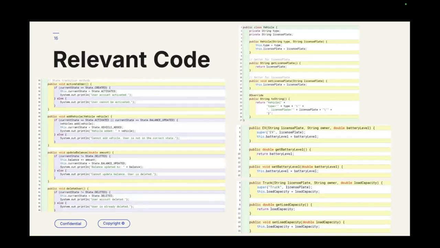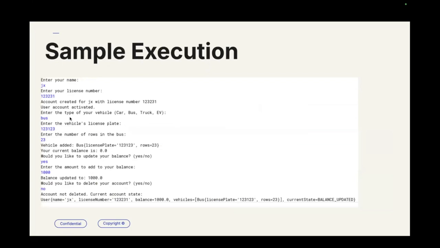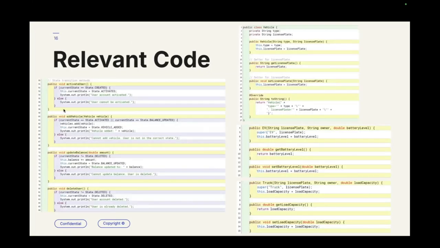And this is my relevant code. The left one is the user class, which has the state transition method to hold the state of the user, and then I will go to the add vehicle state, and then we can check the state of the add vehicle.